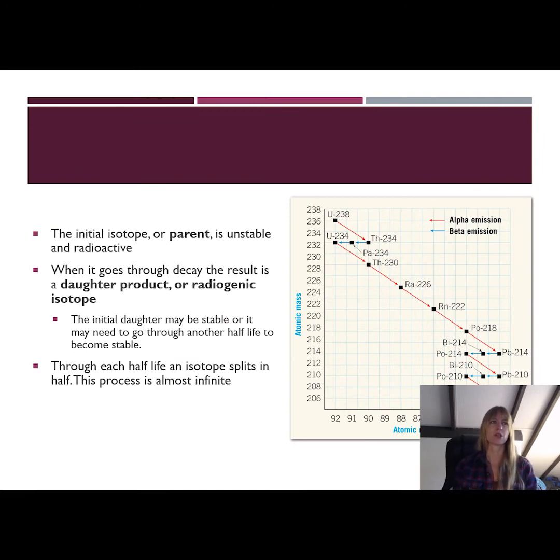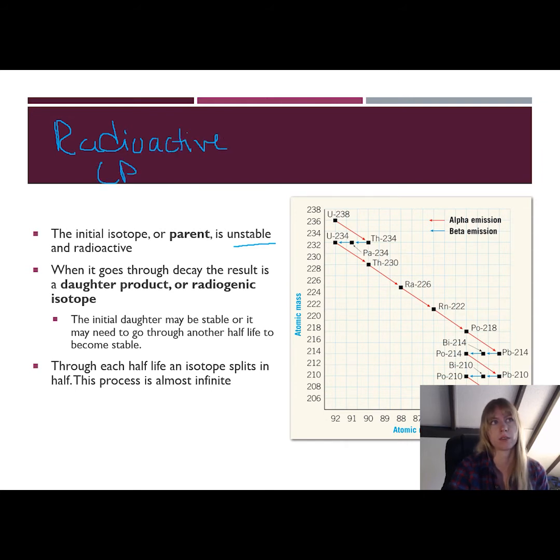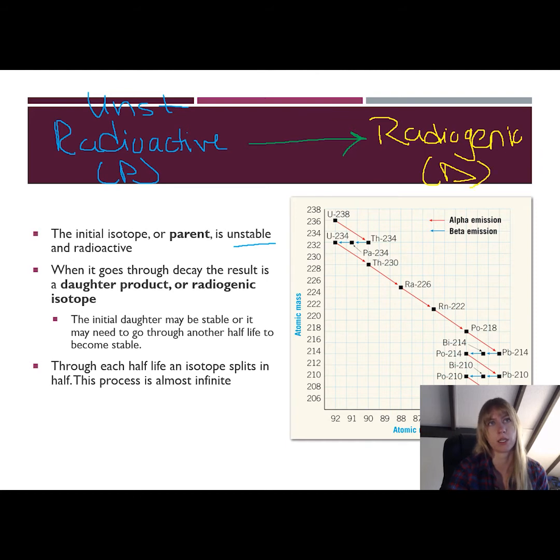All right, so the initial isotope or parent is unstable and so radioactive. It will decay and will become a radiogenic isotope, also known as the daughter.